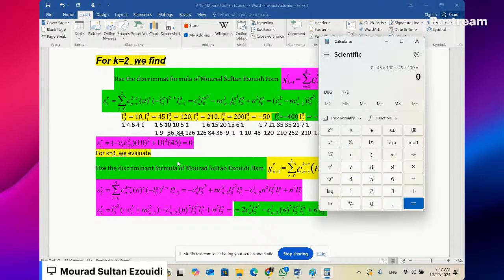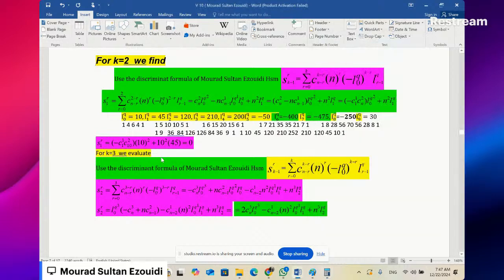Now I'm looking for, my kids, my colleagues and my professors, the third coefficient of my new 10th degree equation. To find the third coefficient of your polynomial equation, you should substitute k equal 3 in the discrete formula, write it in its simplest form, and make your own substitution.